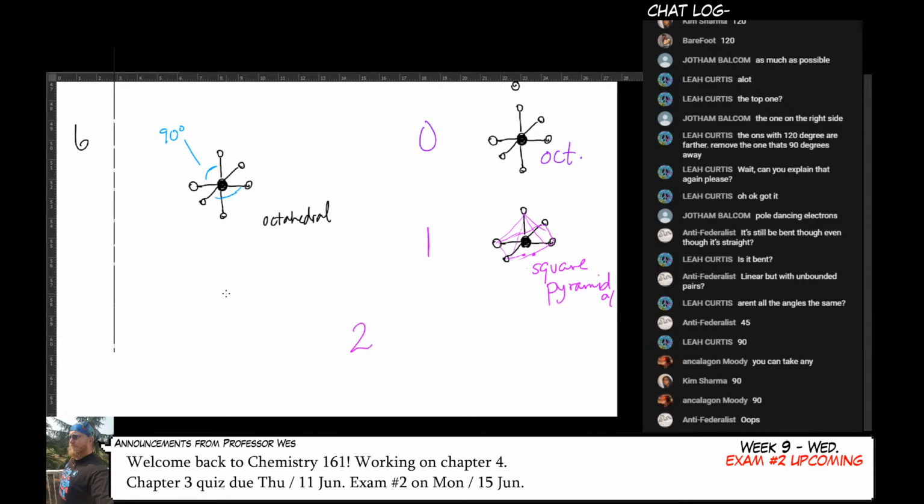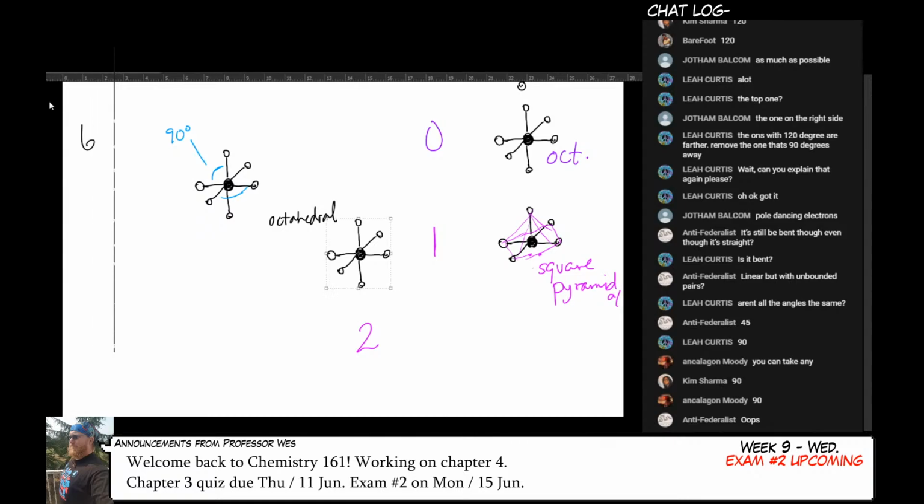If we had two... Oh, I don't know what that did. I moved something on accident. If I have two, I would get rid of this guy right here. But now which one do I get rid of?